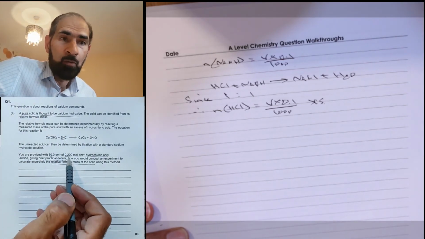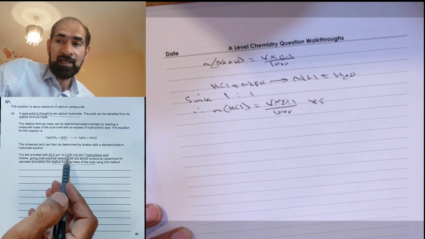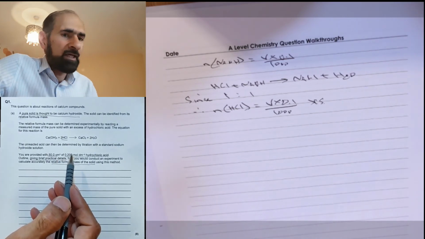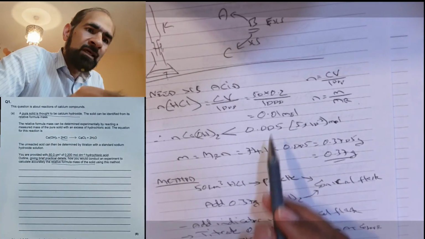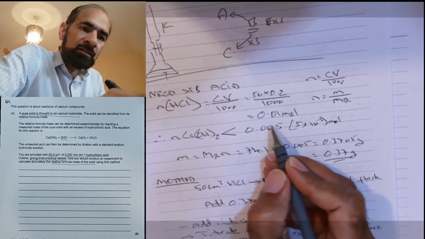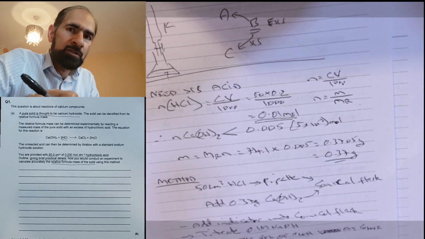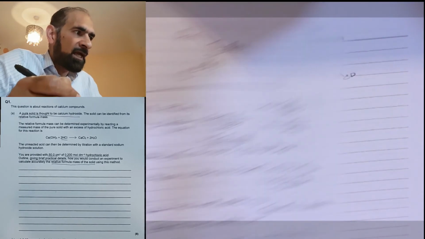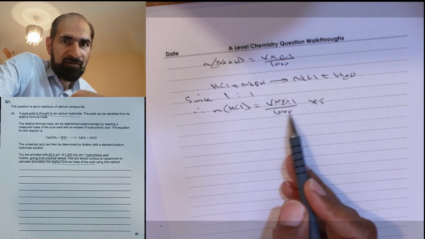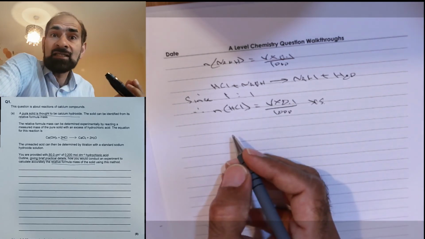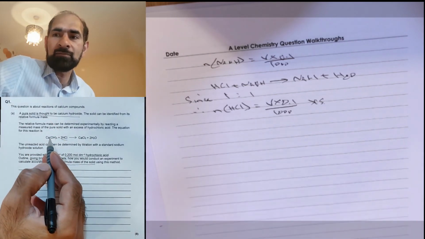Now remember, how many moles of the acid did we start with? I'm just going to show you here. The moles of the acid that we had at the start was 0.01 moles. And after the reaction, if this is what's left, how much acid must have reacted with calcium hydroxide?